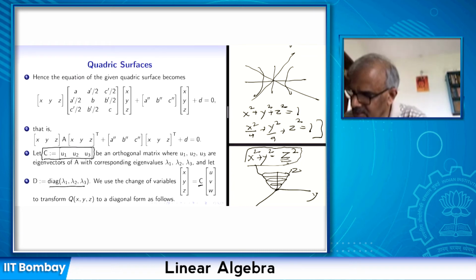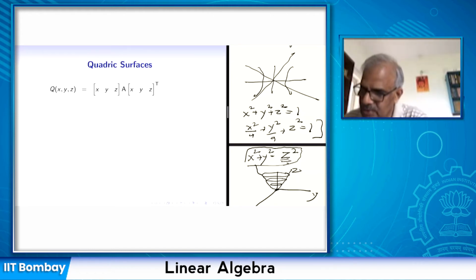So I can write x, y, z as linear equations in u, v, w, then go back and substitute.